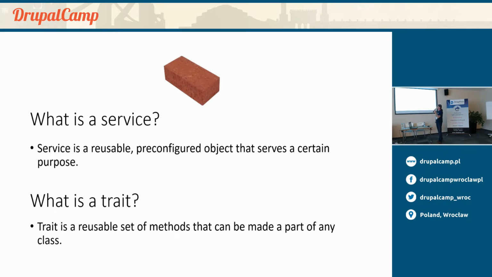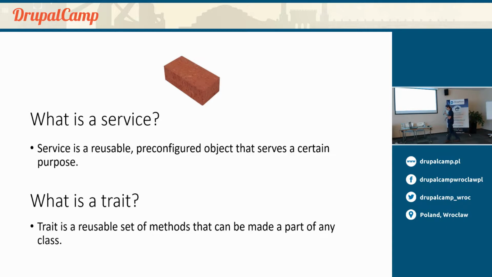So let's get to the definitions. In dependency injection, we have a project that's built of services. Services are small functionalities that serve a certain purpose. A service is an object that is usually pre-configured.